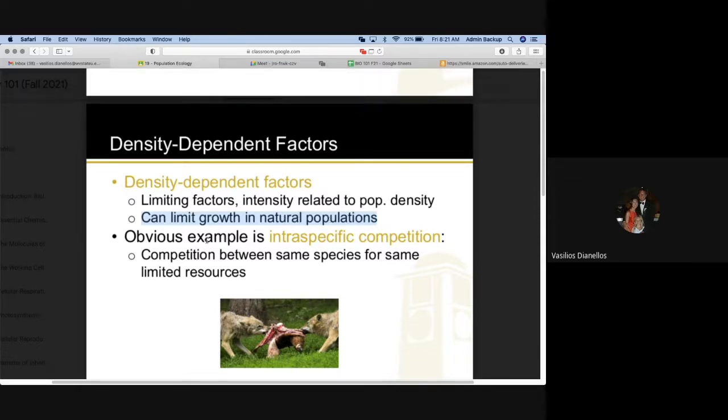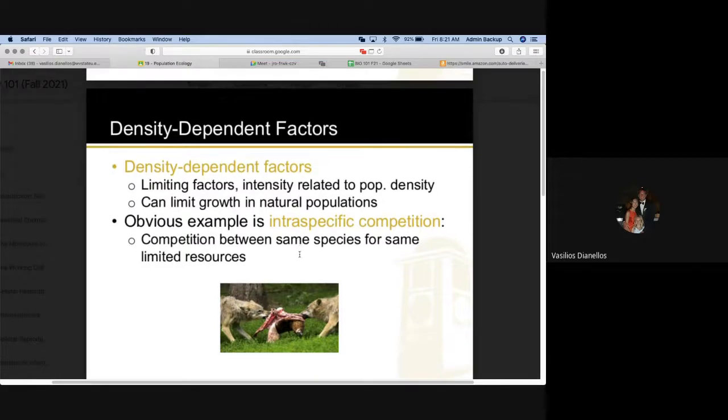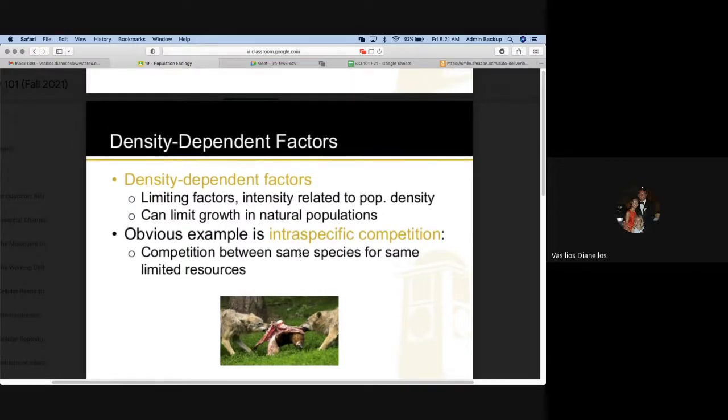But your book points out an obvious example, and you need to know this word: intra-specific competition, which is competition between the same species for limited resources. I'll give you a second to take notes if you are. I think the easy way to remember that is that intra, in this context, is the opposite of inter. Like an interstate is a road that brings you between different states, right?